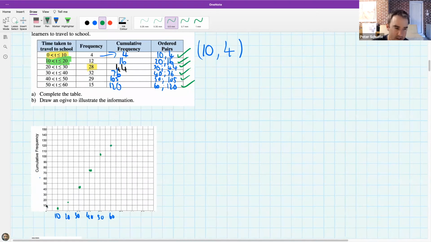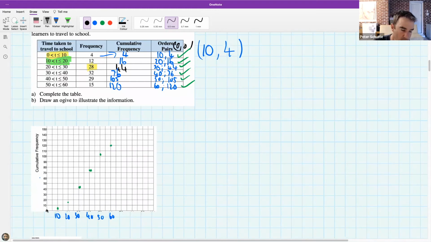Yes. So we have to add an extra point, which is 0 on the cumulative frequency, at the beginning of our first interval. So that point would actually be 0, 0. It's at the beginning of the first interval, and it has to be in line with 0.